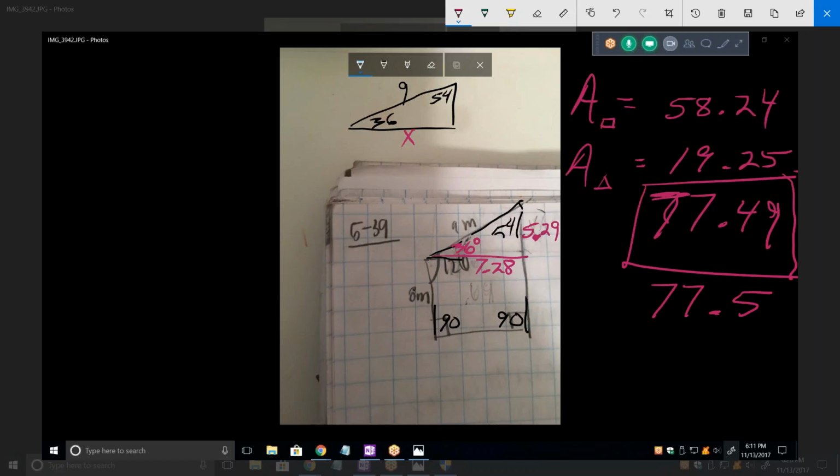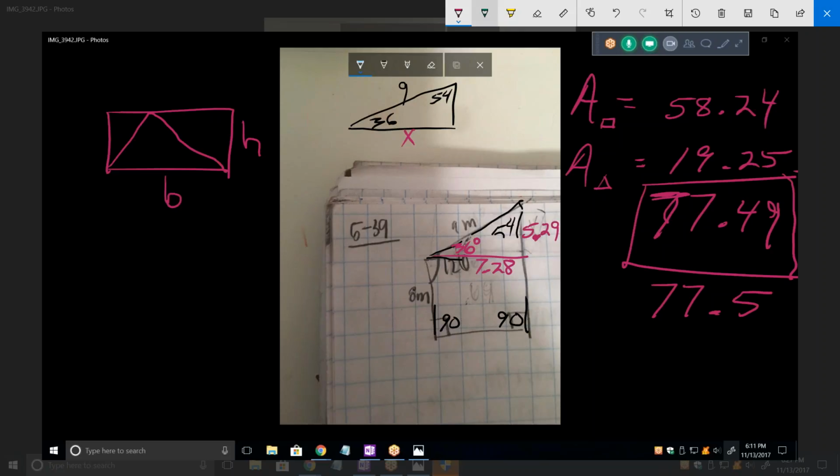Okay. Now let's go back to this triangle. Why is the area of a triangle half the area of the same rectangle? In other words, the rectangle would be base times height, right? No matter what kind of triangle I put in there, it takes up half of that space.